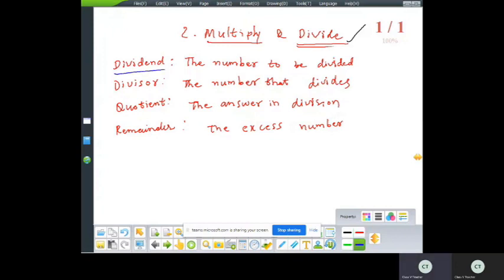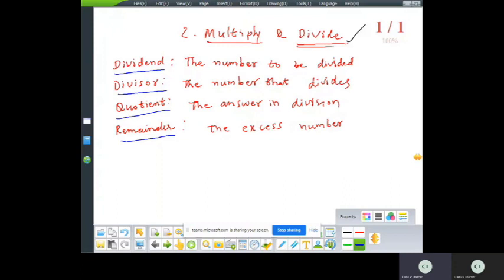Dividend means the number to be divided. Divisor means the number that divides. Quotient, the answer in division. Remainder, the excess number. These are labels of division.